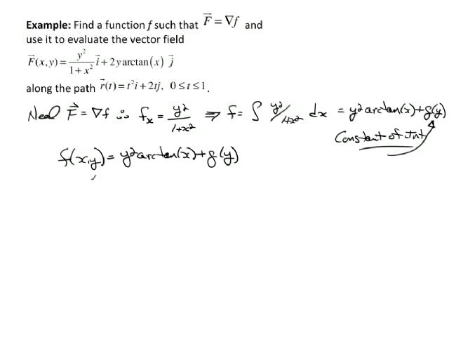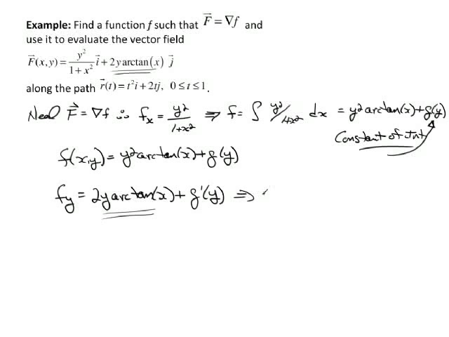So let's take the partial with respect to y. The partial of this with respect to y is going to be 2y arctan of x plus g prime of y, since this is some function of y and I don't know what it is. Now when I compare this to the y component, I see that it is exactly what I have here.